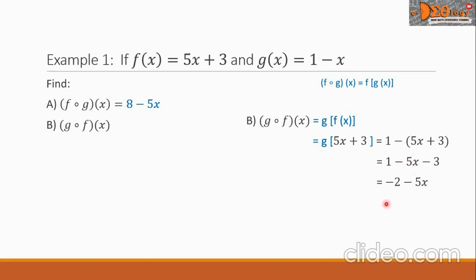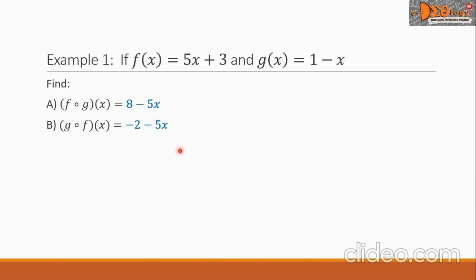So we have now this negative 2 minus 5x. This is the value of g composed with f at x. And this value we will simply copy here. The g composed with f at x equals negative 2 minus 5x.